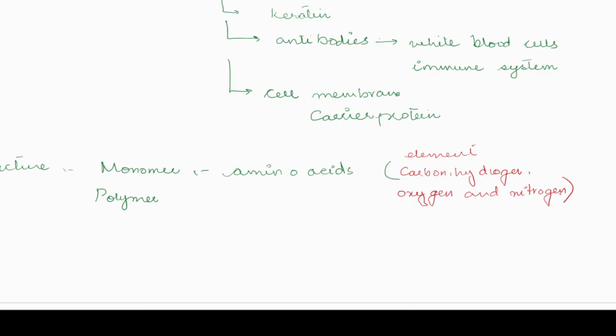Some proteins may have sulfur, some may have phosphorus, but all proteins have these four atoms: carbon, hydrogen, oxygen and nitrogen.